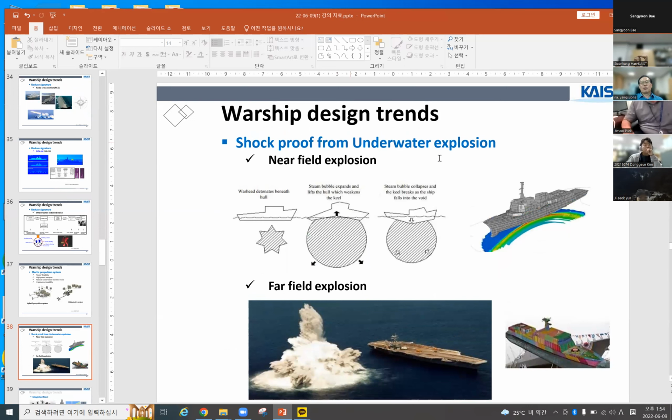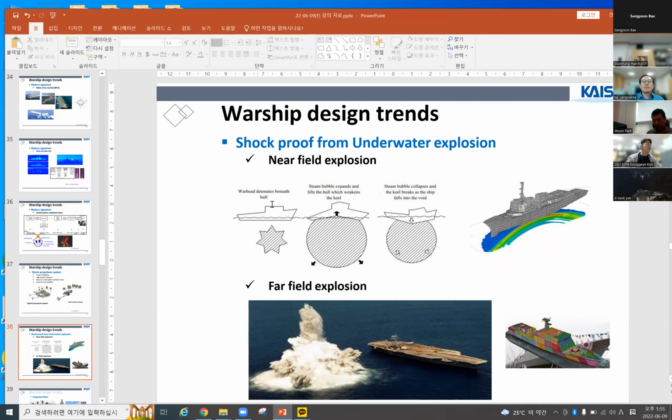And the shock from an underwater explosion. There are many mines and torpedoes in the water, so we have a shock-proof design for near-field explosion and far-field explosion. Near-field explosion is an explosion from very close.